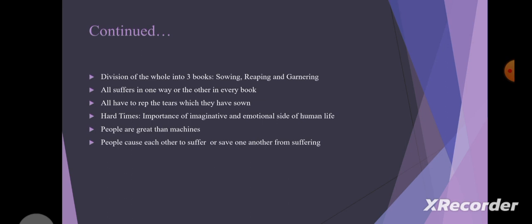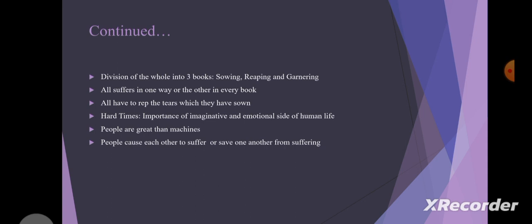In Hard Times, Dickens sets out to show the importance of the imaginative and feeling side of the human mind, and to teach his readers not to be taken in by abstract theorizing. People are infinitely greater than the machines and should not be set up as ends.